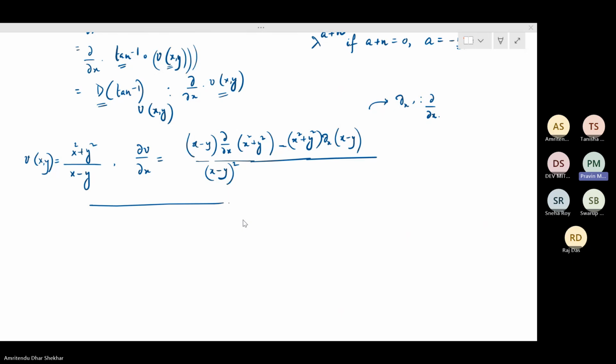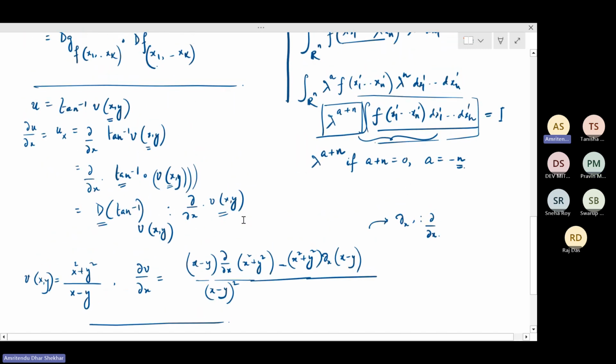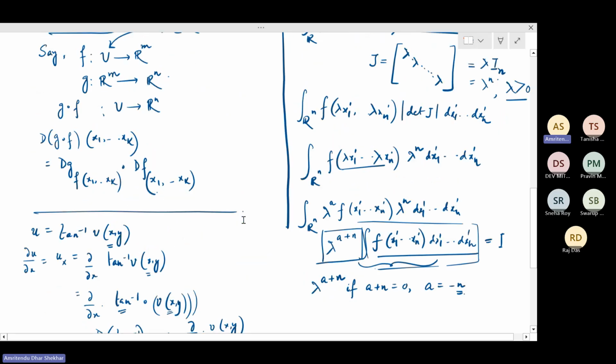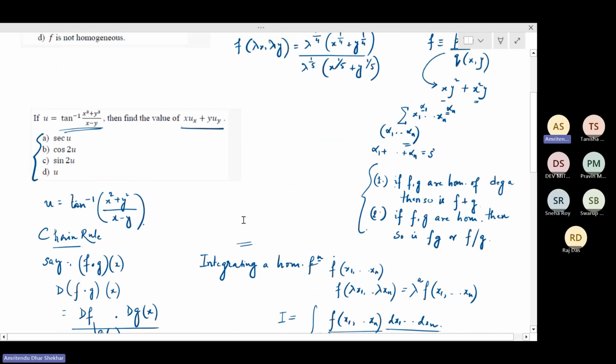So it's like breaking the complex problem, resubstituting it, and then taking a derivative. Whenever you see a problem like this, you have to understand what is going on.